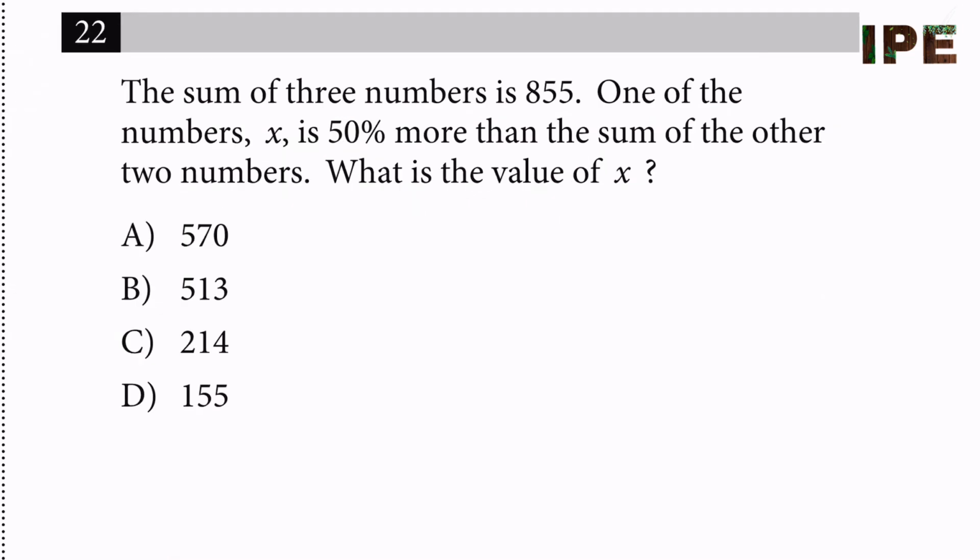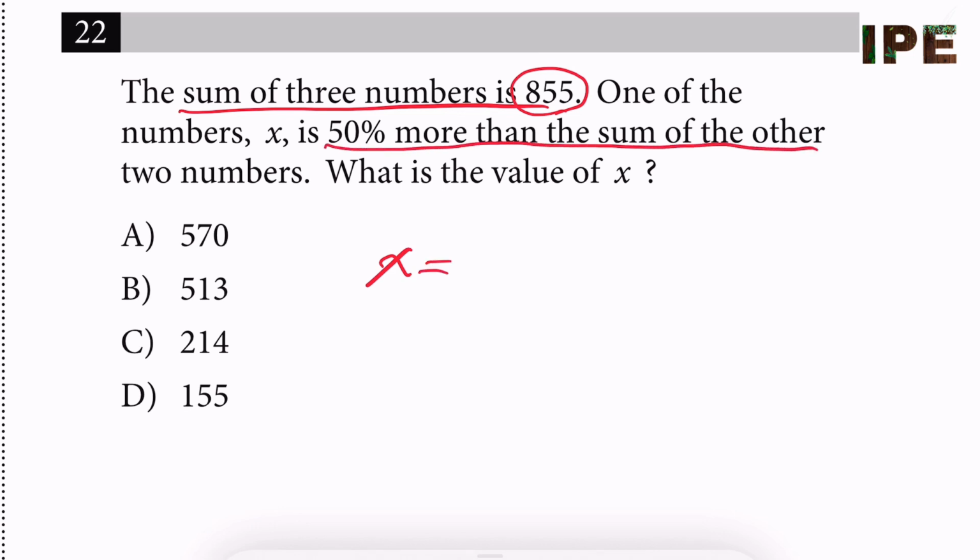The sum of three numbers is 855. One of the numbers, x, is 50% more than the sum of the other two numbers. Okay, the sum of the three numbers is 855, and one of them is x. X equals 50% more than the sum of the other two numbers.